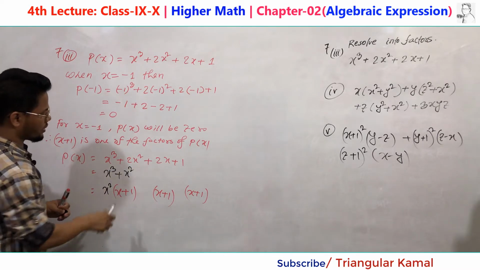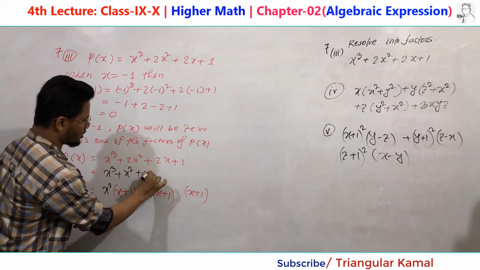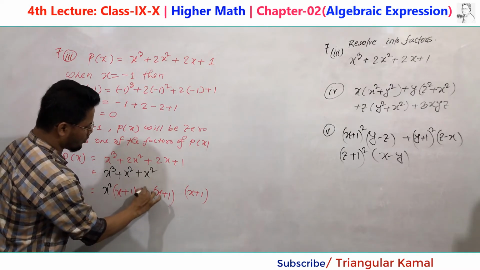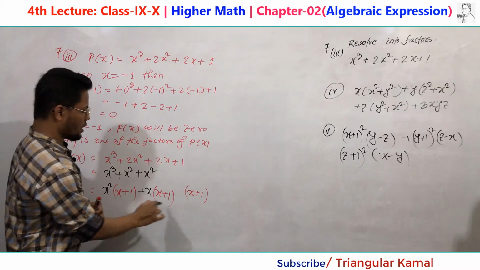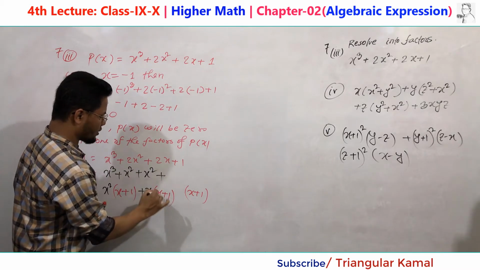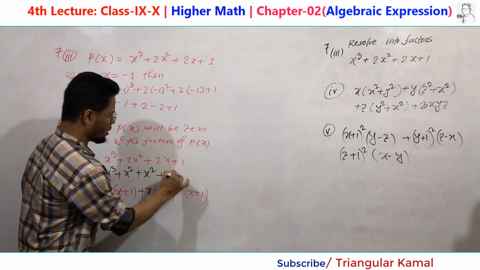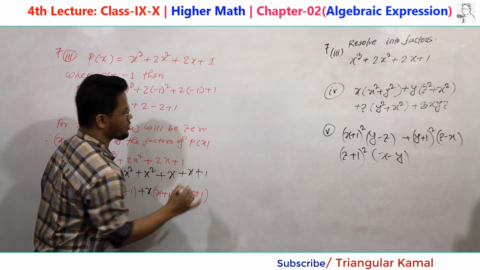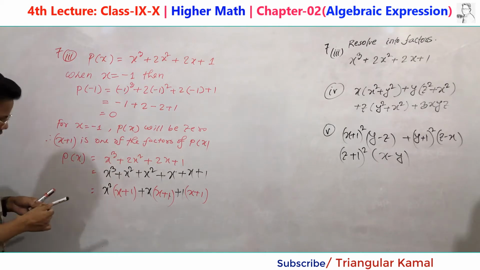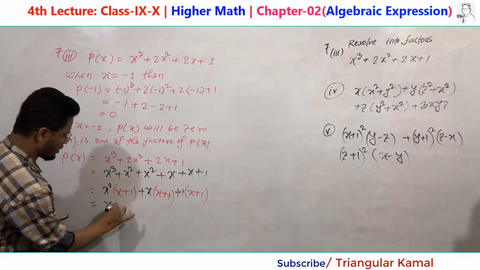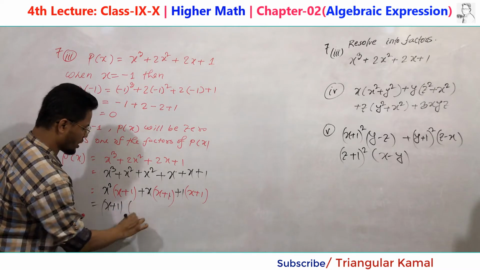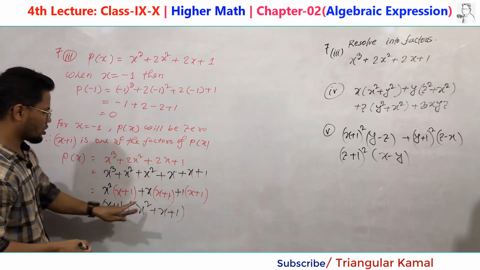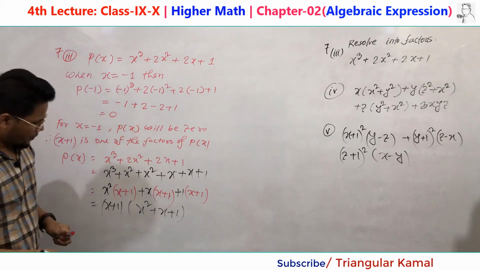We see twice x square, we wrote only x square, so the remaining is 1 x square. And again x plus 1 is a factor, so only x will be common here. Then multiply: x square, and the remaining plus x. Now x plus 1 is common, and the remaining is x square plus x plus 1.